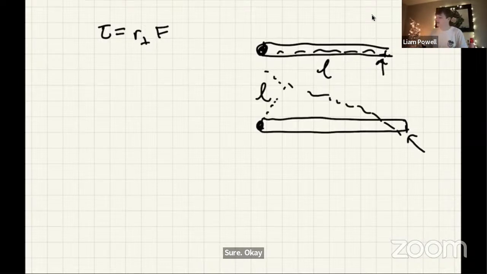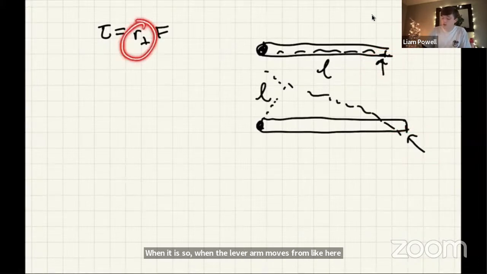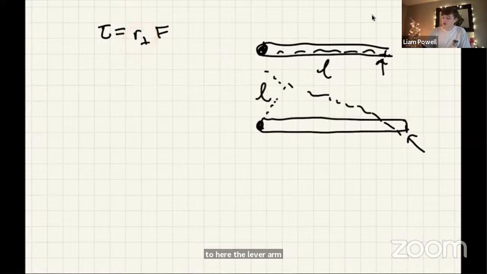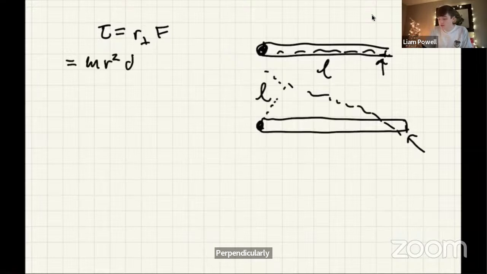As you can see, the lever arm diminishes when the force is not perpendicular, and torque increases with a bigger lever arm. So torque is greatest when the force is exerted perpendicularly. Torque is also equal to mass times radius squared times alpha.